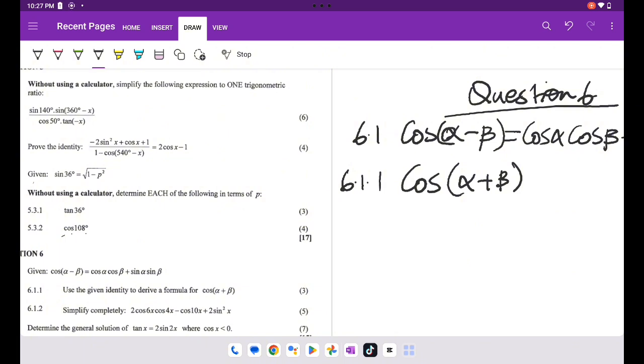So we are going to use the formula for cos of alpha minus beta to derive a formula for cos of alpha plus beta. The first thing that we need to do here is to write the two to look alike. So we must have the first angle, a minus, and the second angle.